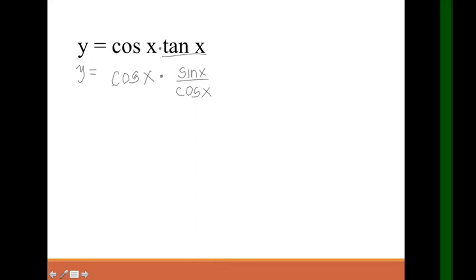In this portion, we can now cancel these two, right? So, we have an answer of y equals sine x. Okay. In the rule of the derivative of the sine function, kapag yung sine yung given, ang derivative niya ay cosine, right? So therefore, the derivative of this one is cosine x.